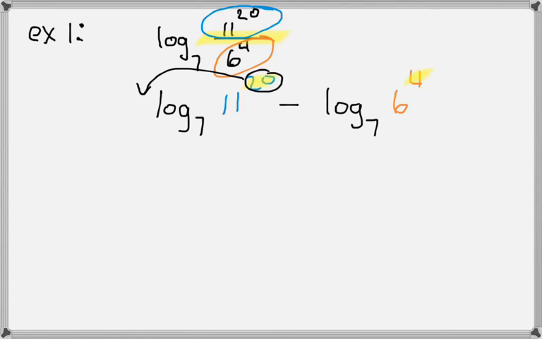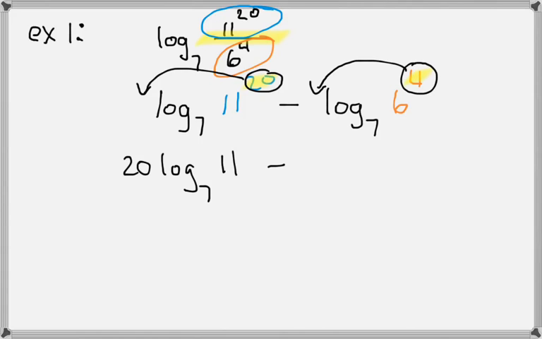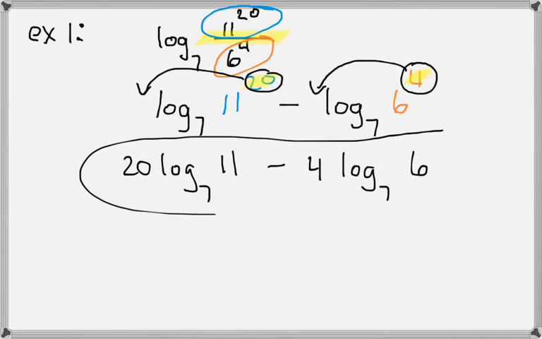So we can make this a 20 times the log base 7 of 11, minus, and that 4 we can move out front based again on the power property. So we'd have minus the 4 log base 7 of the 6, and this would be our expanded answer.